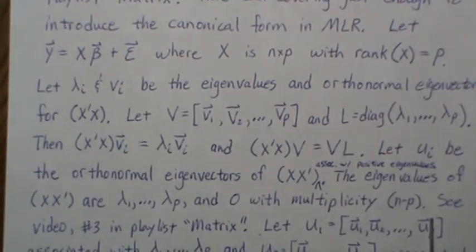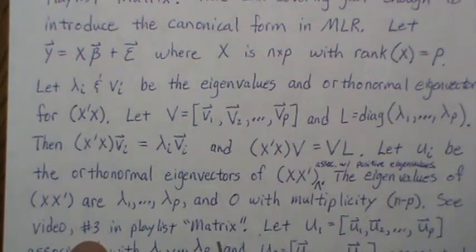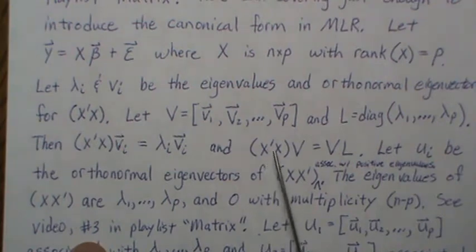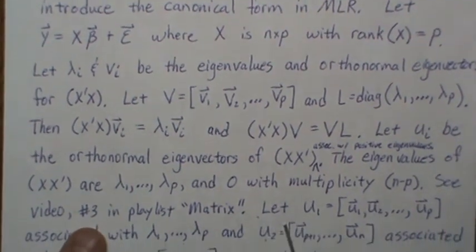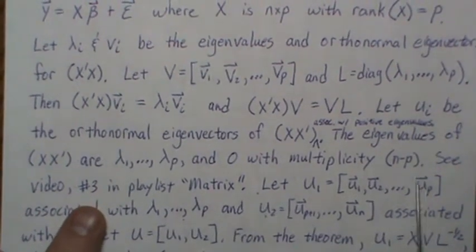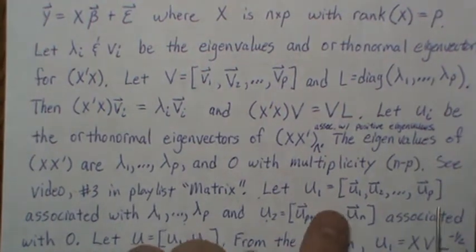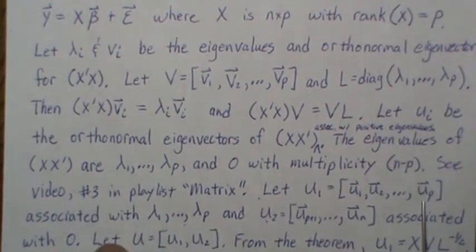It's actually video number 3 in my playlist Matrix where it talks about the eigenvalues of X transpose X and X X transpose. It's actually worth watching. Now let's collect these orthonormal eigenvectors into U1, the first p, which are associated with the positive eigenvalues.